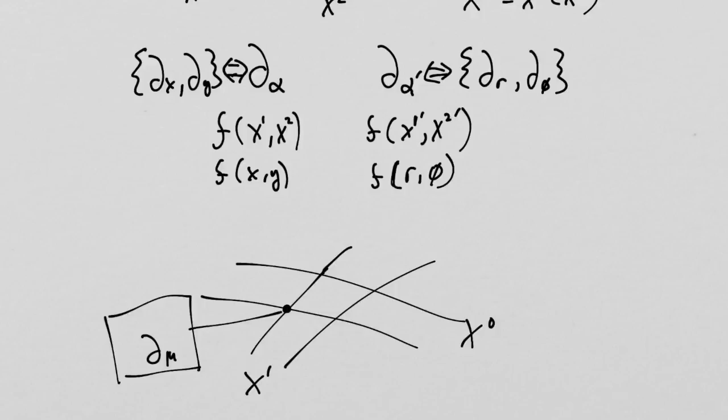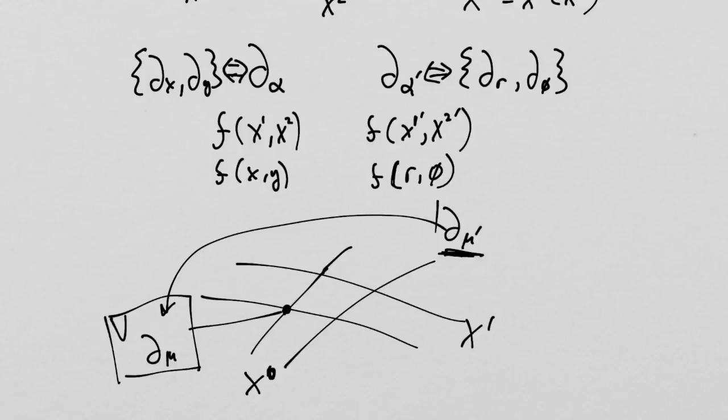Now, partial mu prime is a basis vector at this point, regardless of what system you're in, and it is a member of the vector space. It's just a different derivative with respect to a different coordinate system.